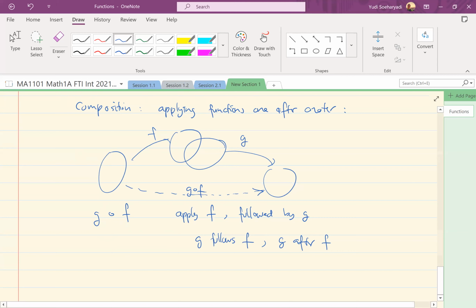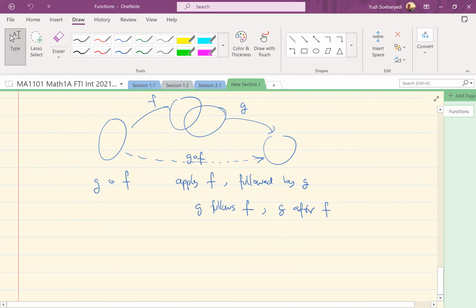Now composition only works if, sorry, in this picture, f follows g cannot be defined this way, right?